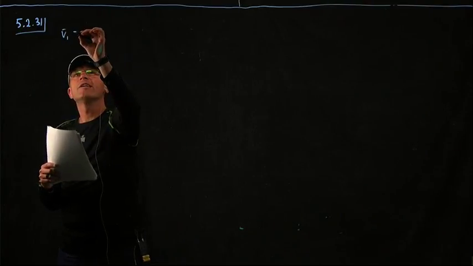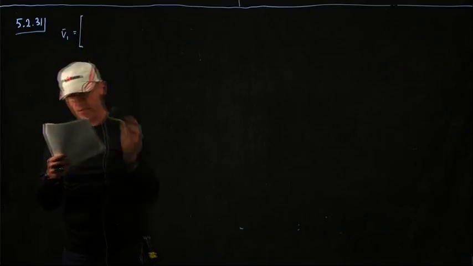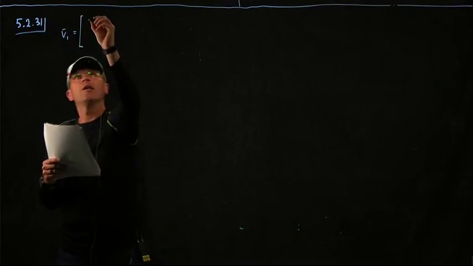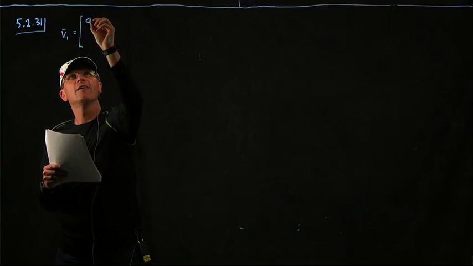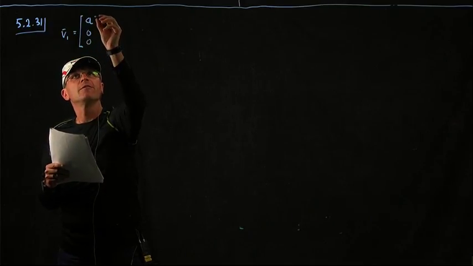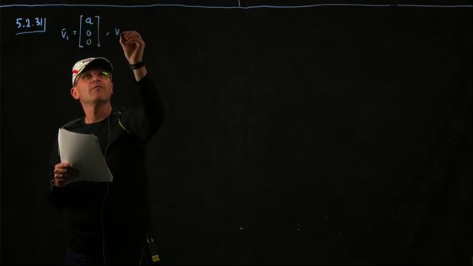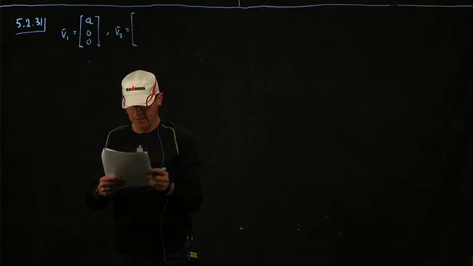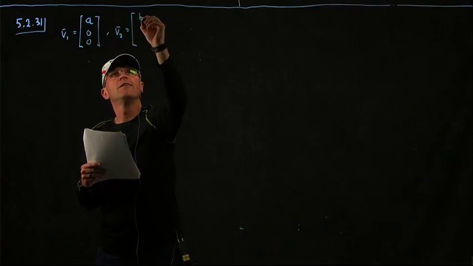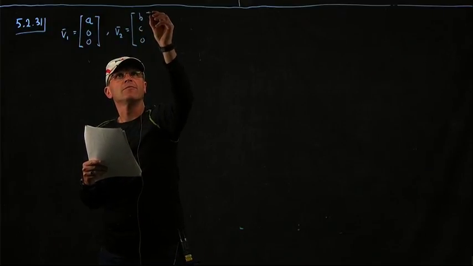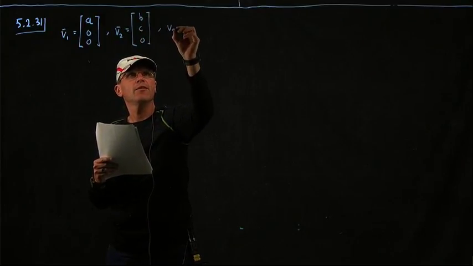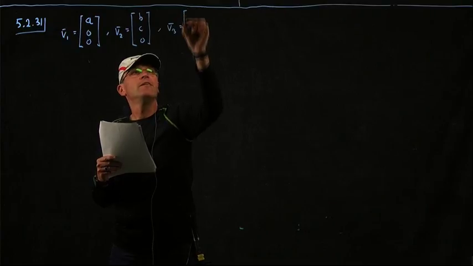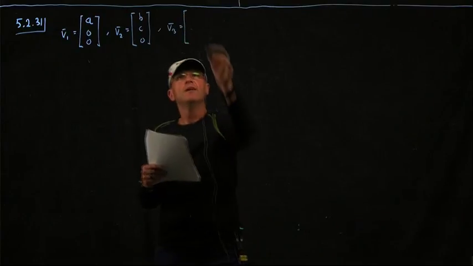They not only live in R3, so life is a little easier, but the first vector is A, 0, 0. Second vector is B, C, 0. And the third vector is D, E, F.